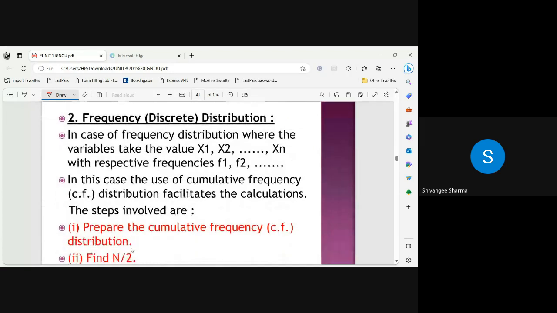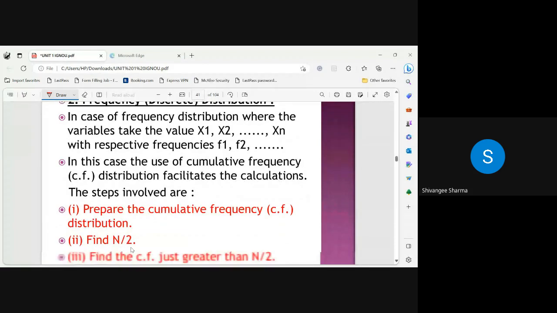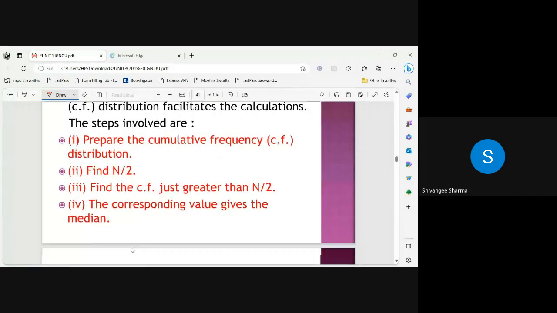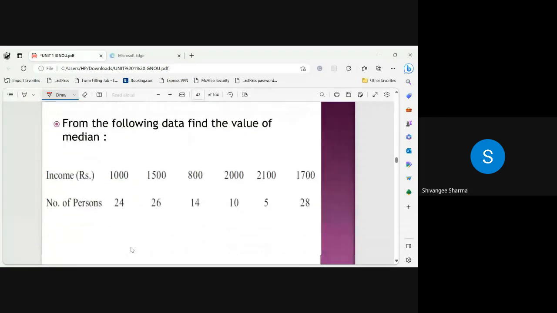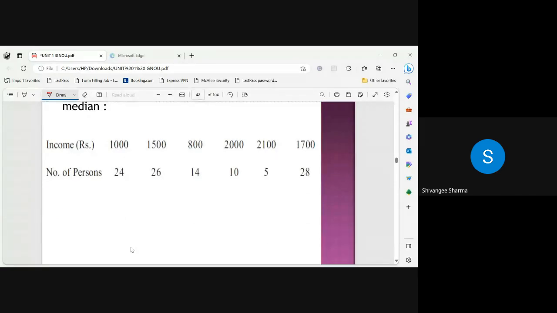Now comes the discrete case where we have frequency. And how will you identify the median when the frequency is given to you? Okay, so let's move on to this. We will be able to understand this from this example only.